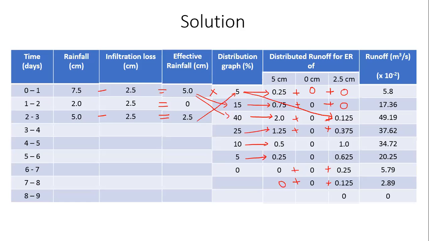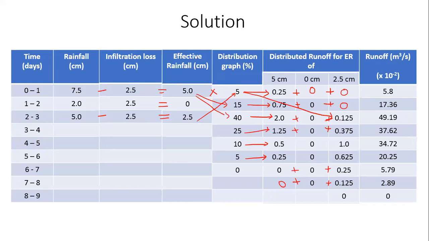So that's one of the limitations of this phi index approach, because the phi index is just the average infiltration losses encountered by an incoming storm. That average may not be representative of things as they are changing with time. So now that you have asked this question, I'll dig a little bit deeper. In reality, the infiltration loss may be higher on the first day.